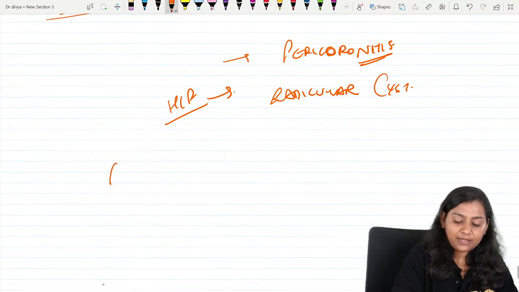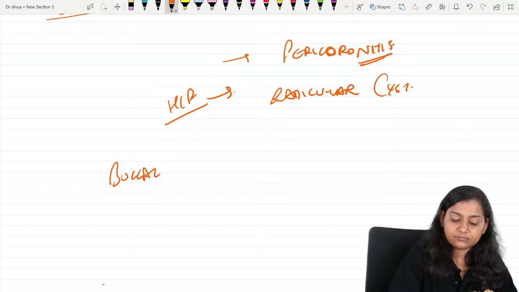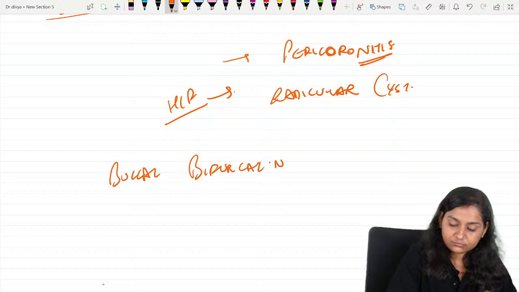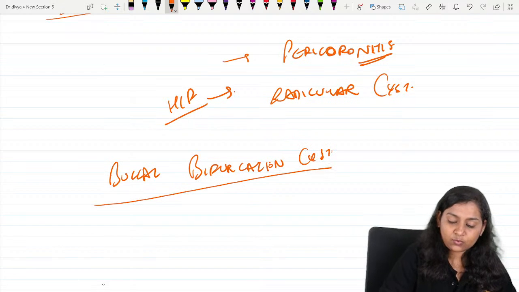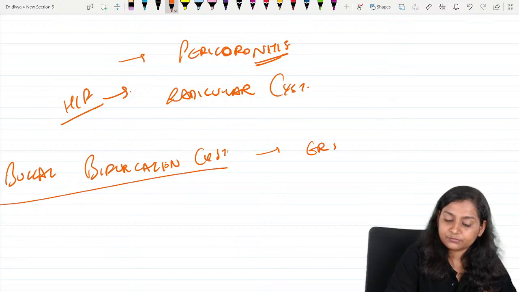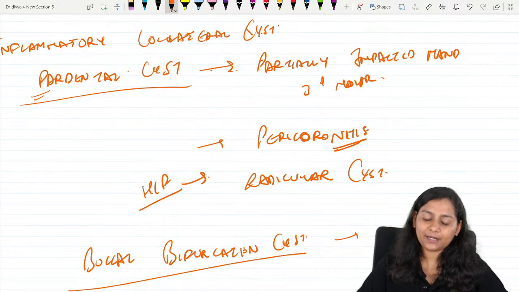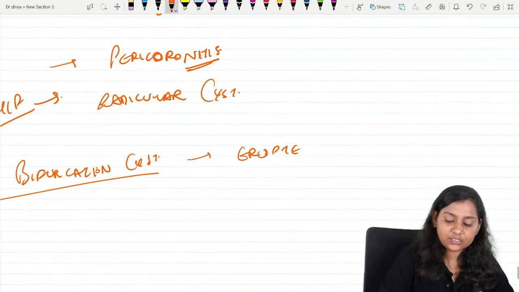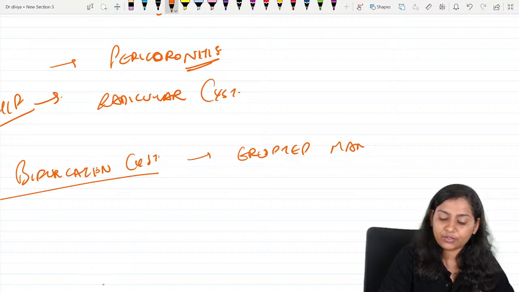While the buccal bifurcation cyst is associated with an erupted mandibular first molar. This is paradental cyst, partially impacted third molar. Buccal bifurcation cyst, erupted mandibular first molar.